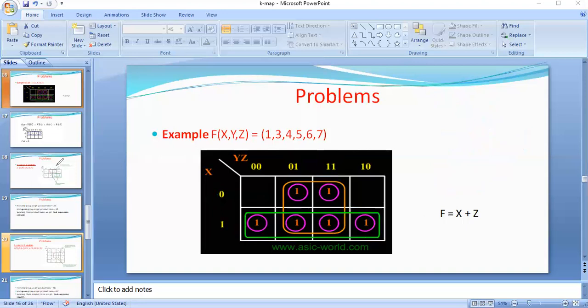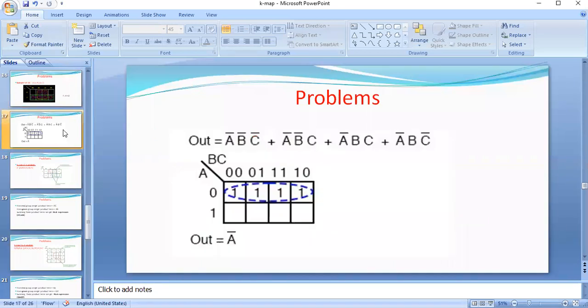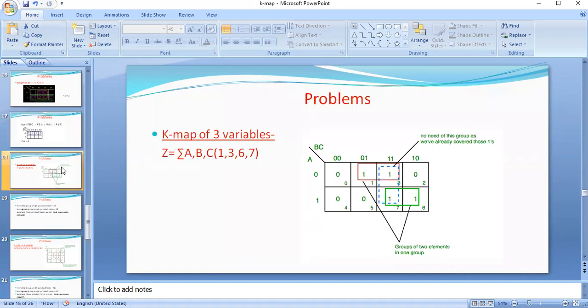Okay, and next, another problem I am taking. This is another problem, a 3 variable K map. I'm going to explain this one.